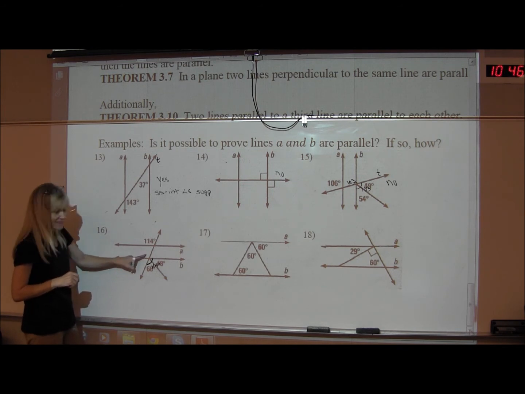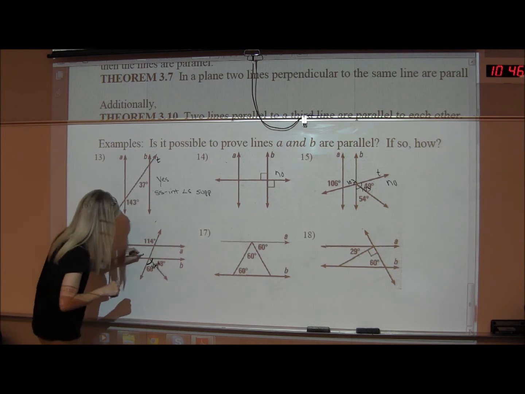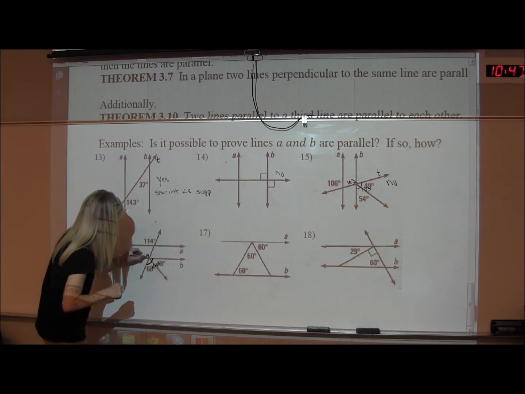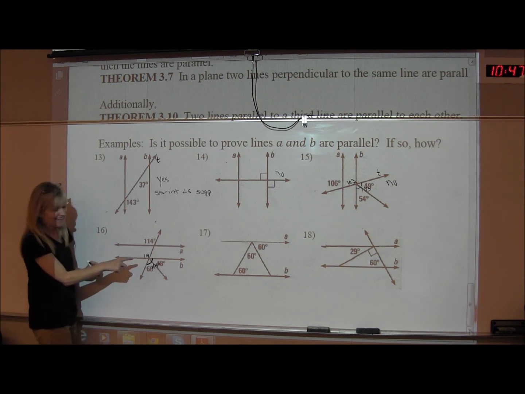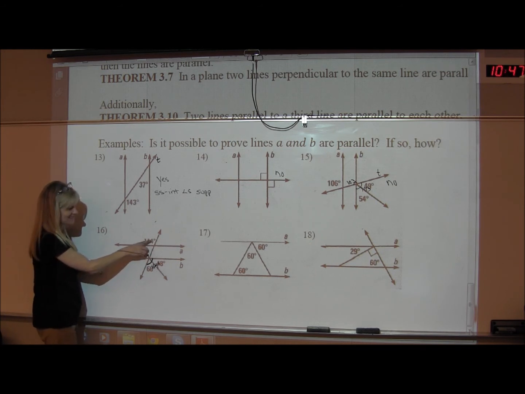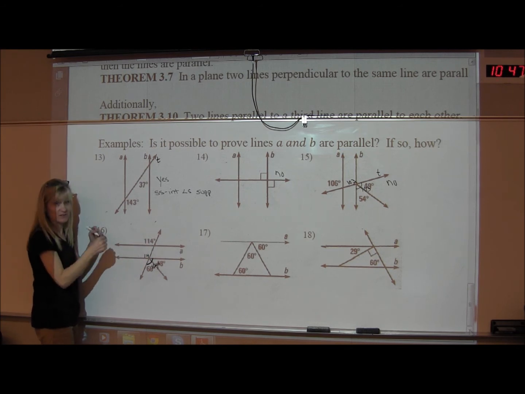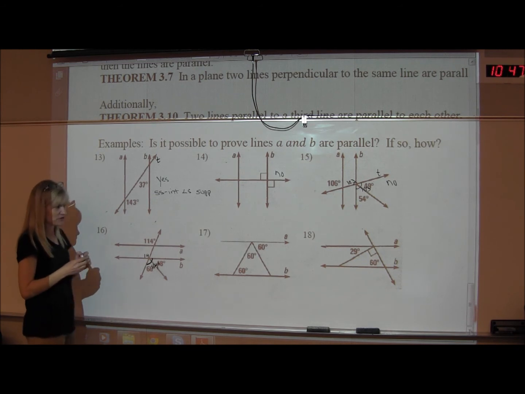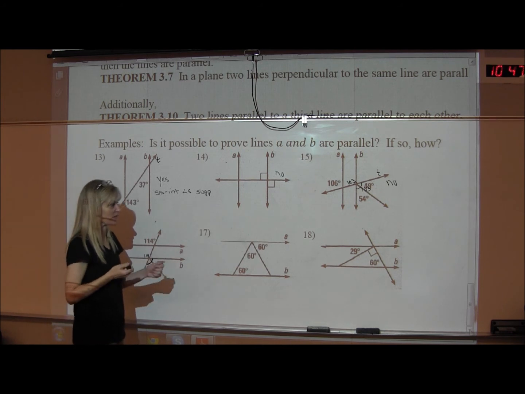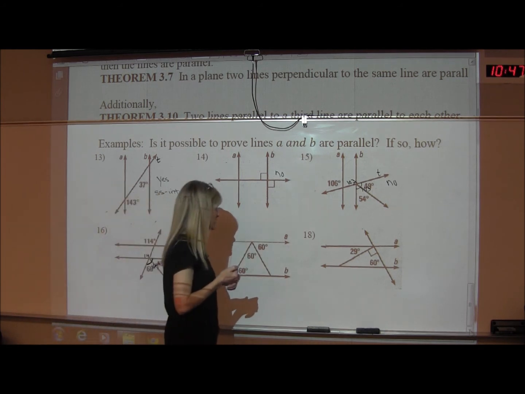This one is 114 because it's a vertical angle. And then these are congruent. They're corresponding angles, and if corresponding angles are congruent, then our lines are parallel. Make sense? It's a lot to get used to. That's why on this one it's really important to do the homework, the practice.